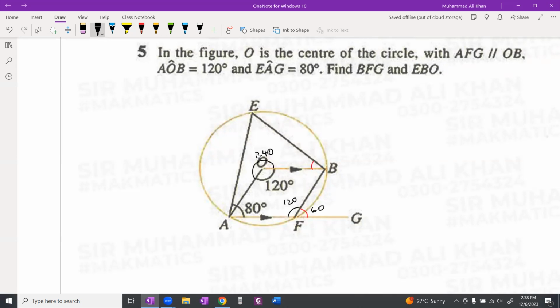According to Z formation, अगर ये 60 है तो ये भी 60 होगा. If this angle BFG is 60, then FBO angle is also equal to 60.